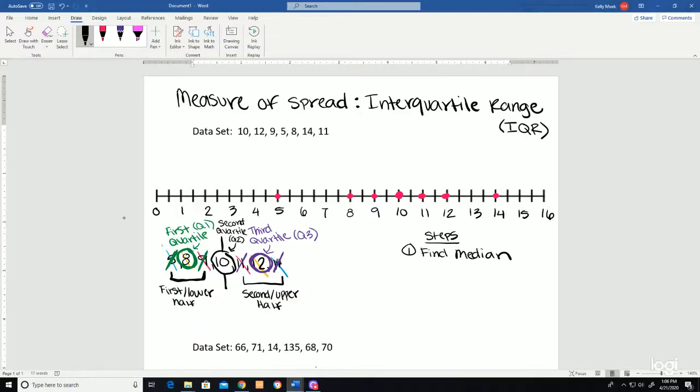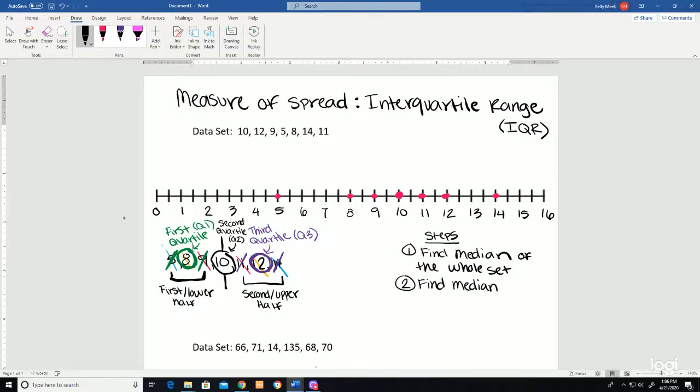So let's catch up on our steps here. The first step was to find the median of the whole set of numbers. Step 2 is to find the median of the lower half and the upper half.